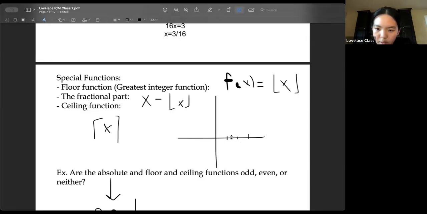However, there's going to be an open circle because this is closed, and then here another open circle. So it just continues. Right? And then same thing for here.